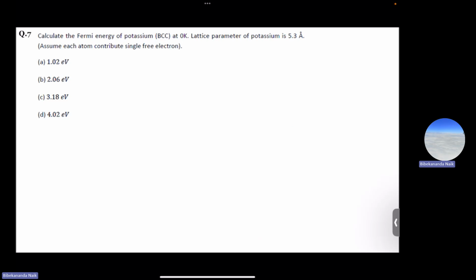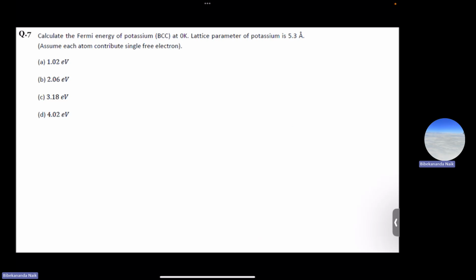The question says calculate the Fermi energy of potassium, which is assumed to have a body centered cubic structure at 0 Kelvin, and the lattice parameter of potassium is 5.3 angstrom. Here you should note that the lattice parameter a is given.